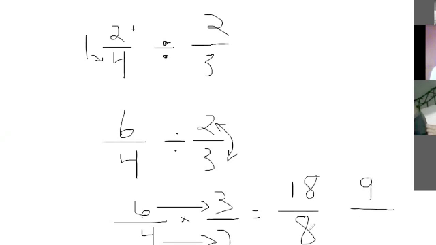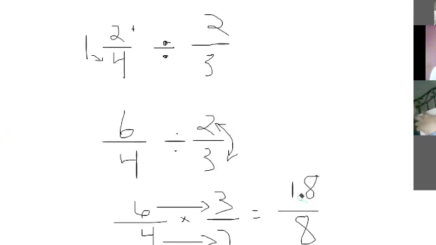And then 8 divided by 2, 4. And then you're done. So that's simplified. And that's how you divide two fractions. So remember, you're never going to divide fractions. What you're going to have to do is do the reciprocal and then multiply. And that's it.